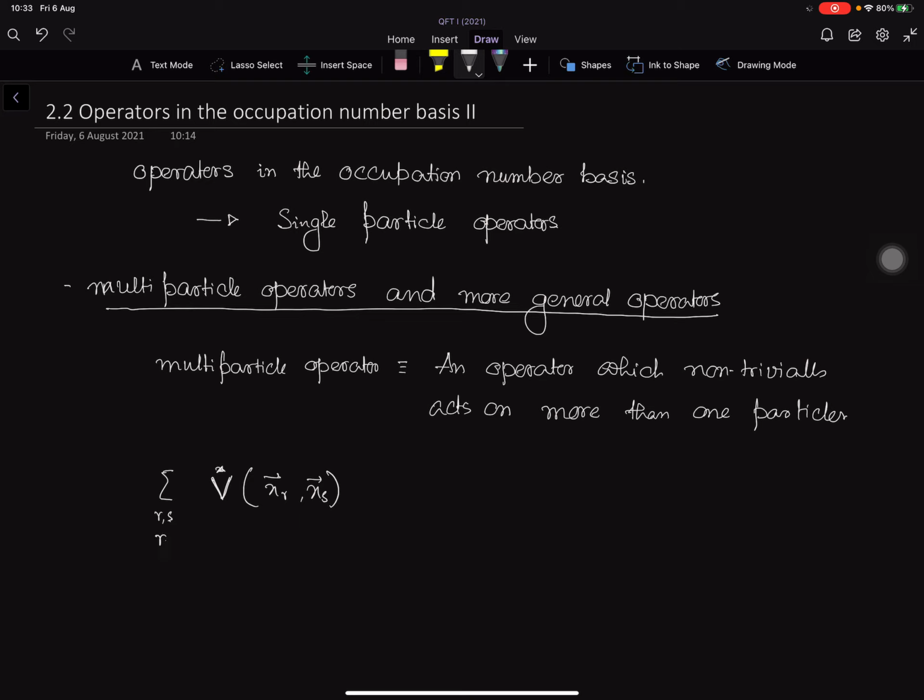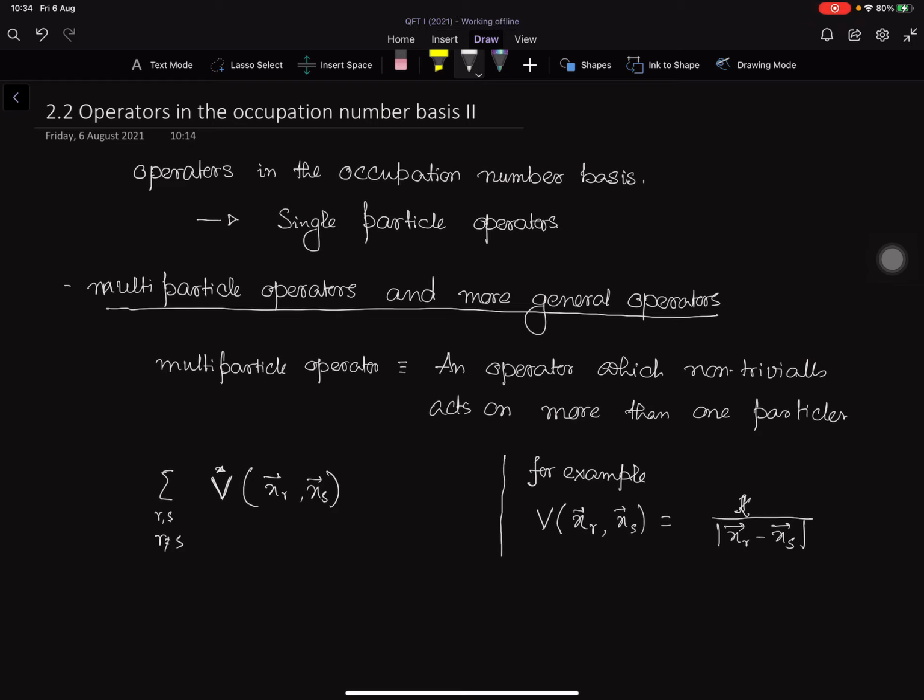If I have such an interaction term, it can be something of the form Coulombic in nature, some Coulombic repulsion between two particles.